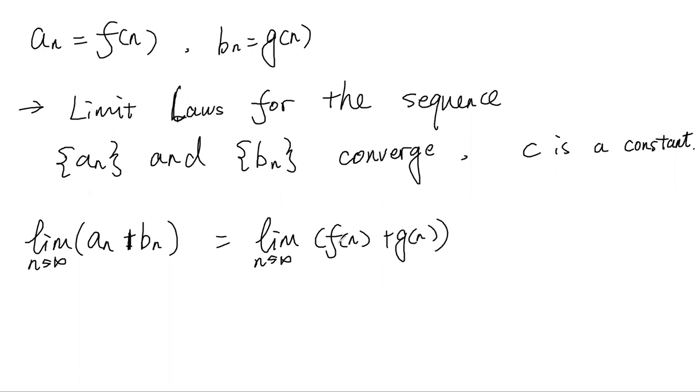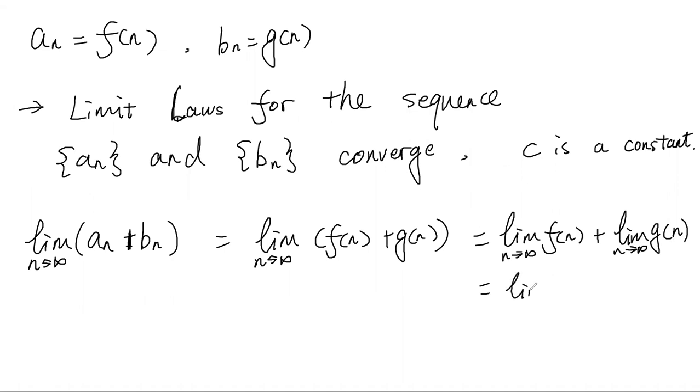From the limit laws for functions, this is equal to the limit as n goes to infinity of f of n plus the limit as n goes to infinity of g of n. And because f of n is equal to a sub n and g of n is equal to b sub n, this is equal to the limit as n goes to infinity of a sub n plus the limit as n goes to infinity of b sub n.